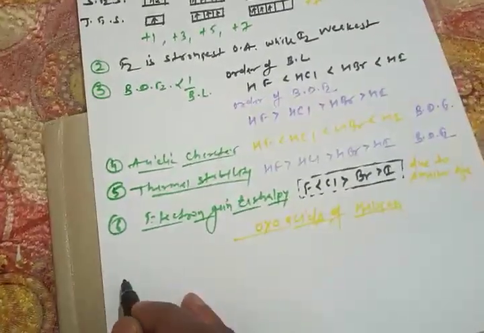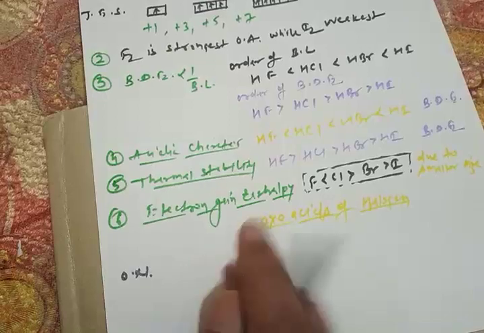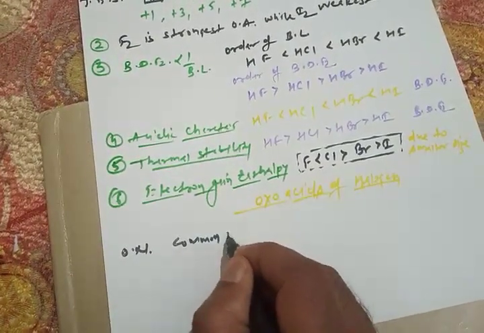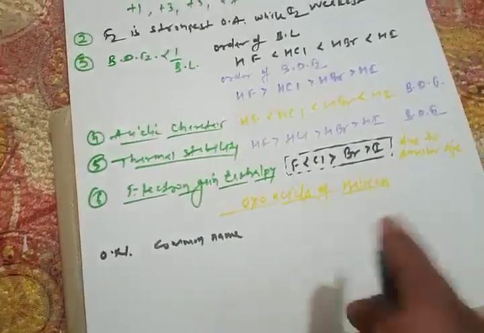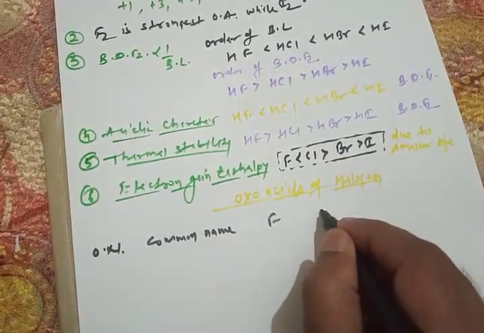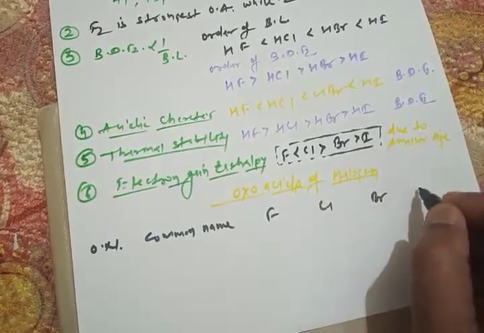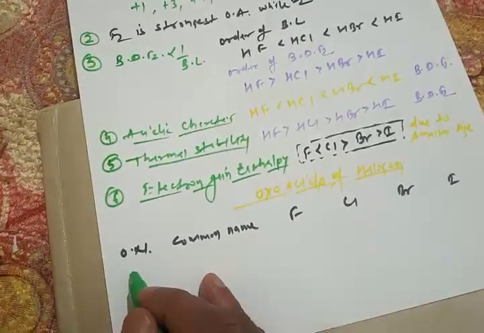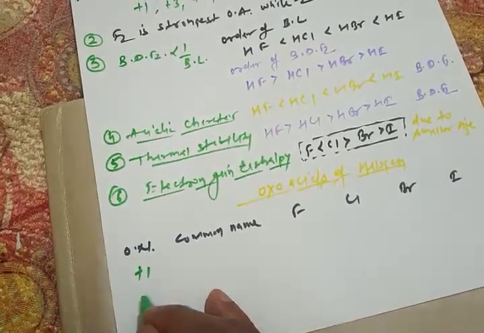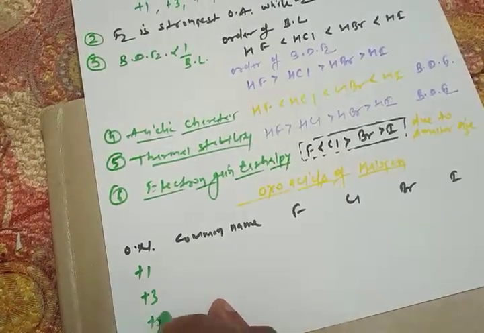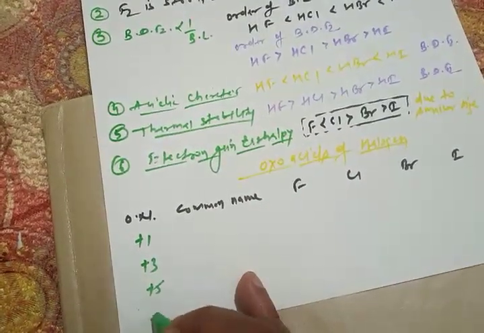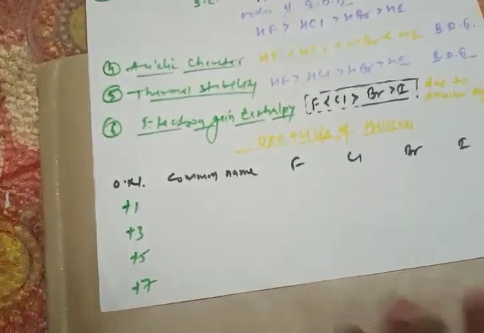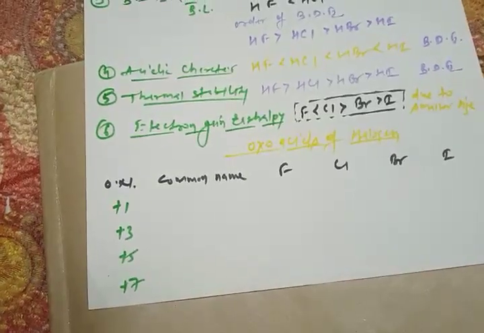As I told you earlier, the oxidation number, then the common name, then we have fluorine, chlorine, bromine, and iodine, and we have the oxidation numbers +1, +3, +5, and +7.